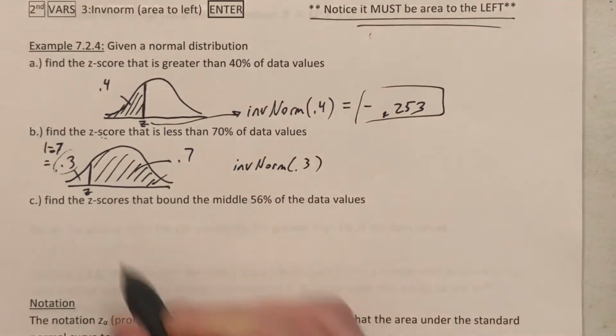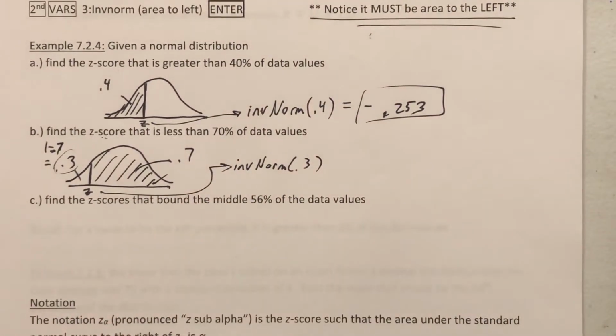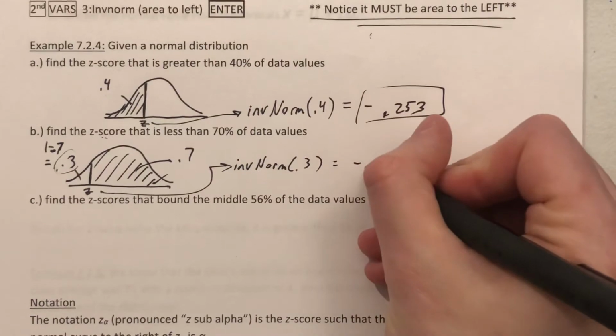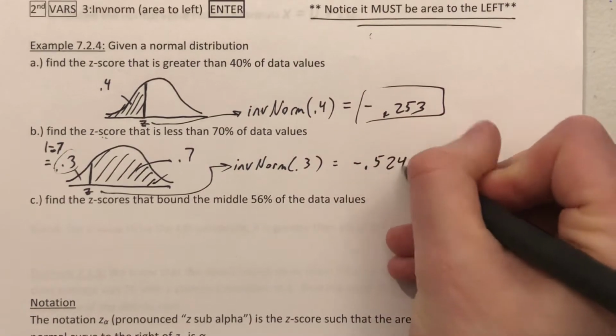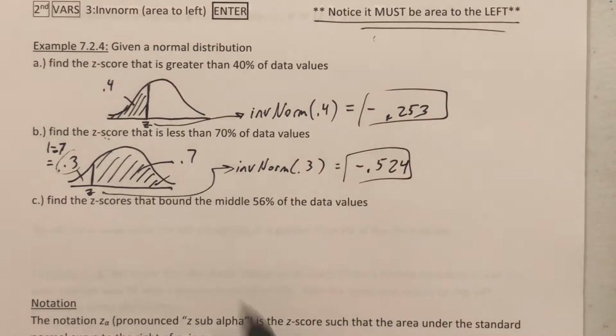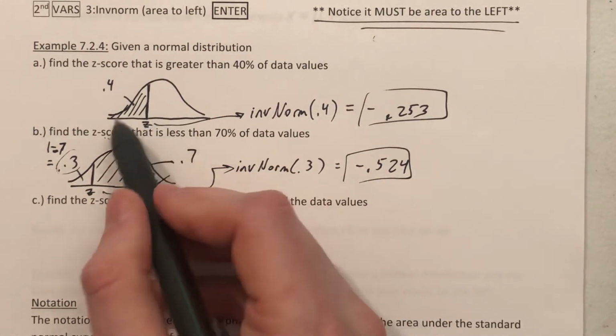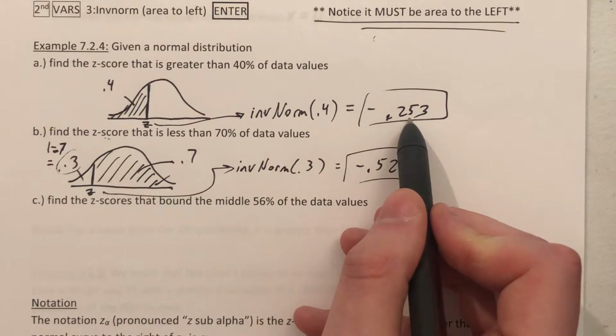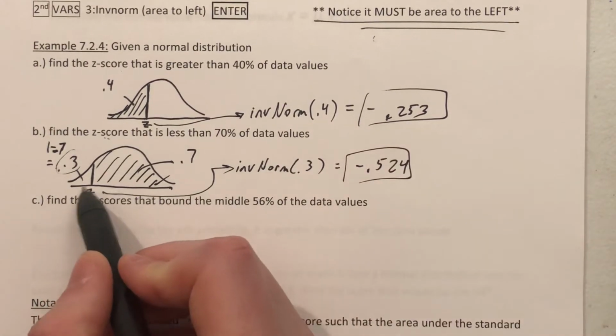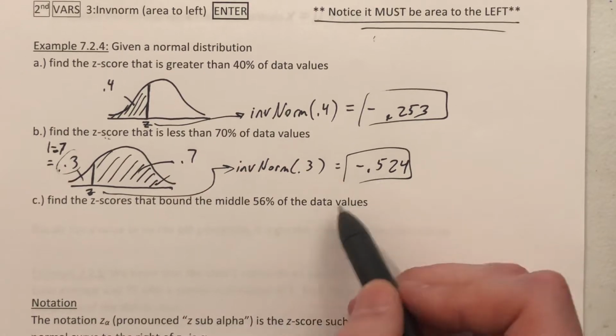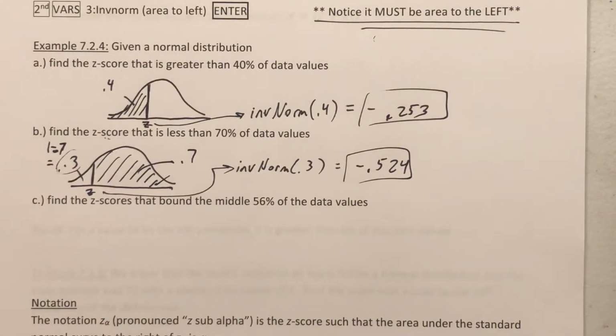Always has to be area to the left. So inverse norm of 0.3, giving me negative 0.524. And that makes sense. It's got to be a bit further left, because this z-score had 40% to its left and was slightly to the left of 0. This z-score only has 30% to its left, so it's got to be further to the left of the center, further to the left of 0.